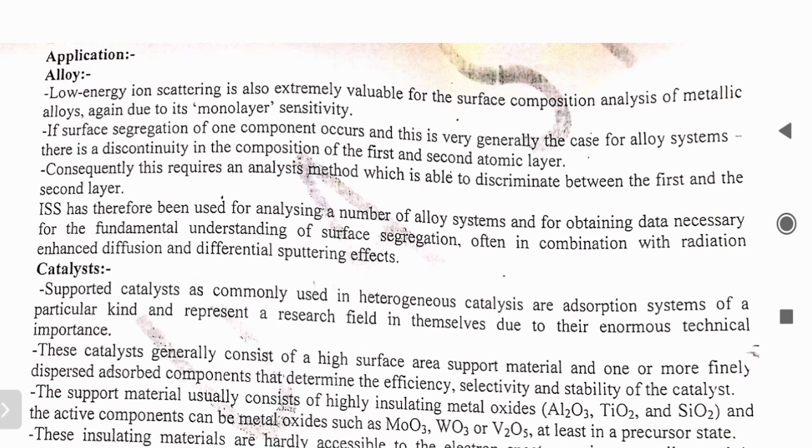Once the primary ions are bombarded on the sample, this technique gives the idea about the outermost atomic layer, which is the main requirement of our analysis. So what type of surfaces are there for the catalyst, we can determine by using this low energy ion scattering technique.